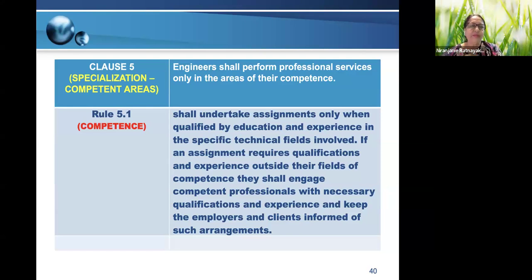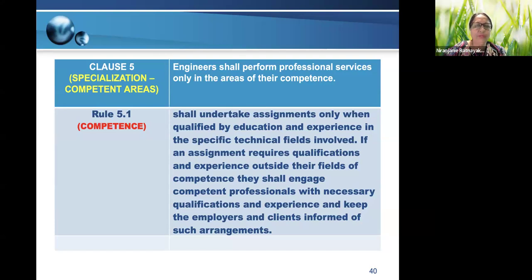Now, for example, I graduated as a civil engineer, but I have not done any structures after about 2 or 3 years of graduation. So I wouldn't dare take a design, even a 2-story building, because I know I'm not competent, right? I don't have the experience.